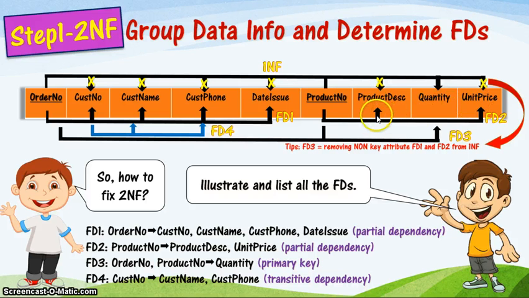You have to draw an arrow for non-key attributes. Non-arrow is for the primary key. Non-key attributes you have to draw an arrow. Like this, this is FD2. The first one is FD1, this is FD2.